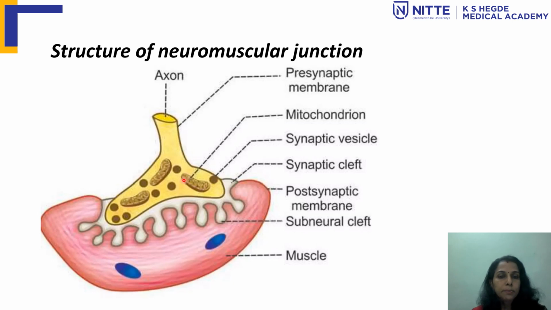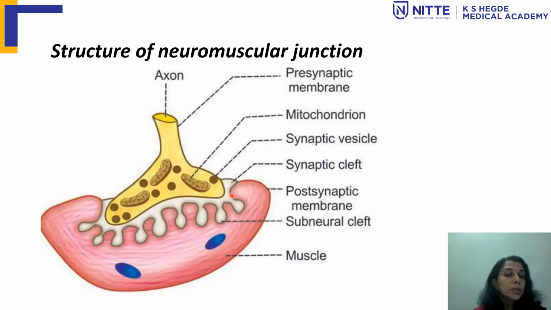We have the synaptic vesicles. So what is the function of the synaptic vesicles? In the synaptic vesicles, the neurotransmitters are stored. And in the neuromuscular junction, acetylcholine is the neurotransmitter which is stored in the synaptic vesicles. Then we have the synaptic cleft.